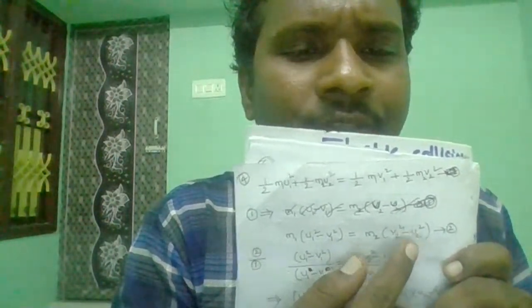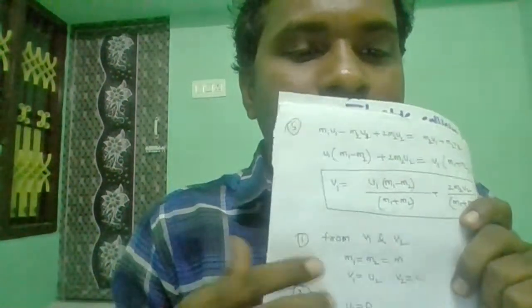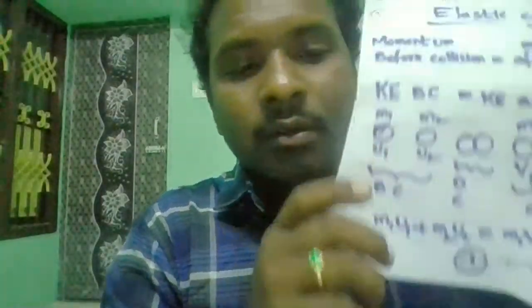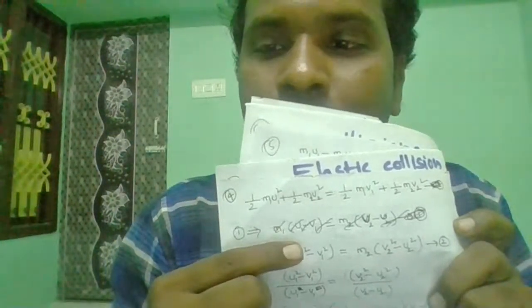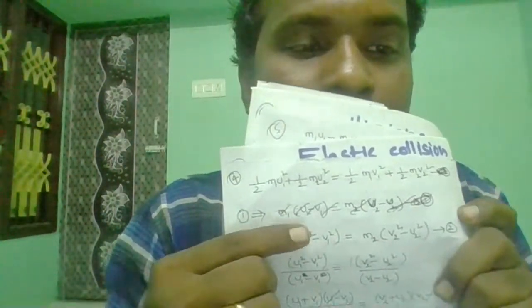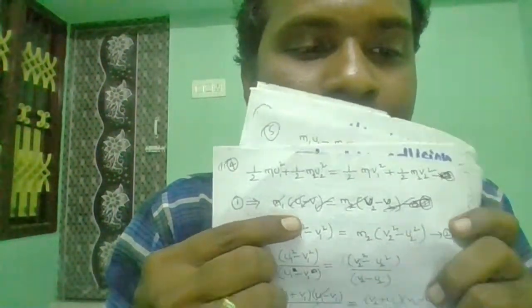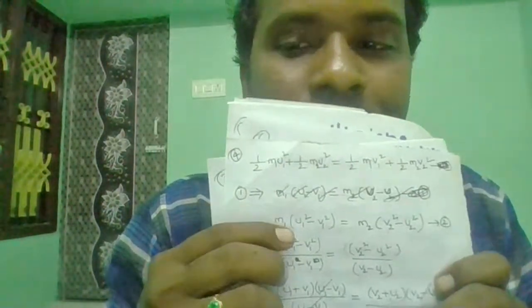So it is equation 3, and this one is equation 1, and this is equation 2. So we have to do equation 1 by equation 2.